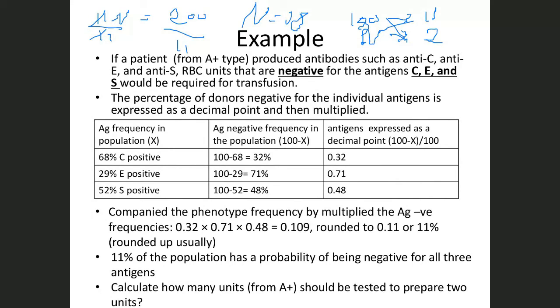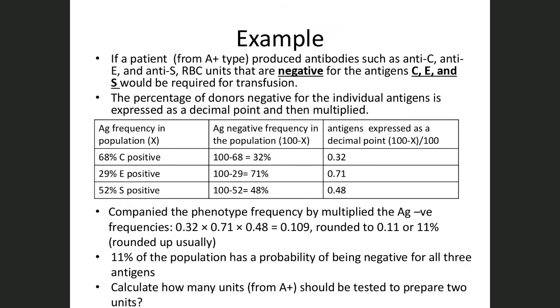So if this particular patient needs 2 units, I have to take out 18 units. So I expect to find 2 of these 18 compatible. You understand it? May I ask, where did the 200 come from? From here, I multiplied the means by the extremes. Yes, repeat it, how again?